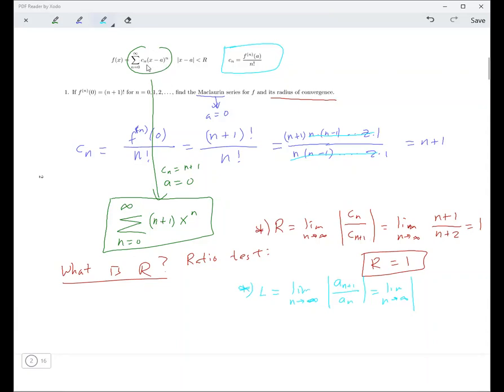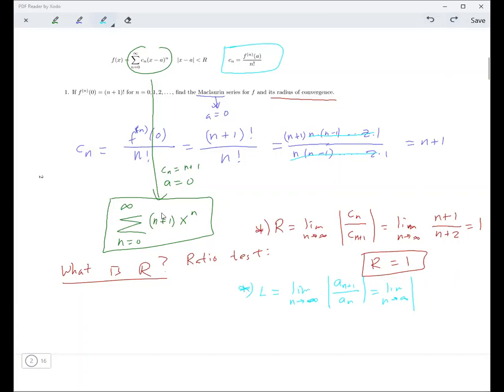So the c sub n is just the coefficient. A sub n is the whole thing in the series. So that would be c n plus 1 x minus a. Wait, let's go ahead and substitute everything in here because I don't have much space.